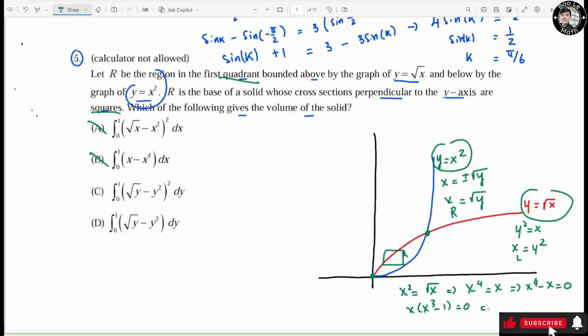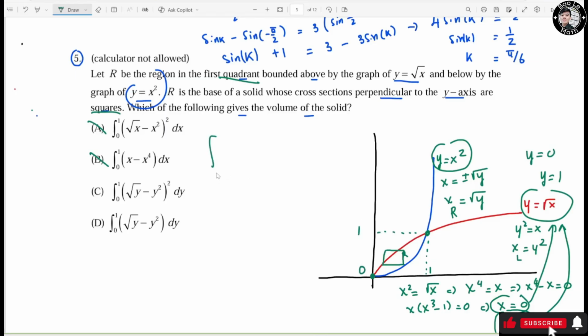Then each of these must equal 0, right? So x equals 0 and x equals 1, right? So this one is 1 right here. Now we substitute 1 for x into one of the equations, so we have y equals 1, right? Substitute 0 for x into this one, we have y equals 0, right? So this one is 0, this one is 1.